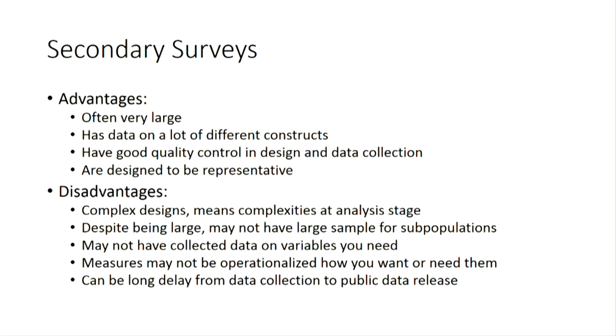So even though they collect data on a lot of different constructs, they may not have data on the specific variables you want to include in your analysis, but perhaps they have variables that are related to it. Or they have collected data on the constructs that you're particularly interested in, but they may not have operationalized those measures exactly how you would want to do it if you were going to design the study from scratch.